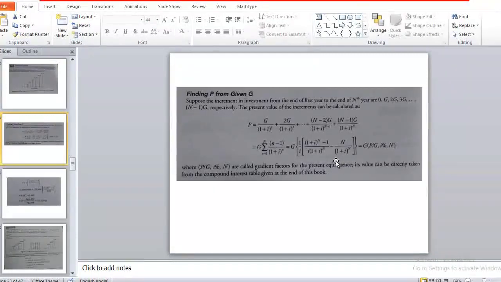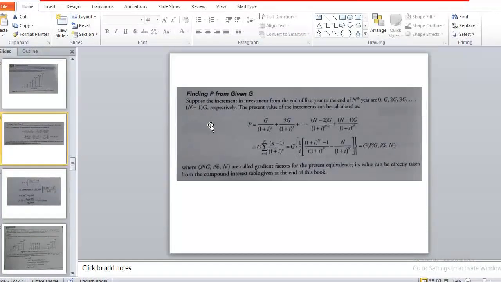Sometimes here we find the present value for a particular gradient factor, or a particular increment given for each year. So by considering that gradient, we find this present value P.